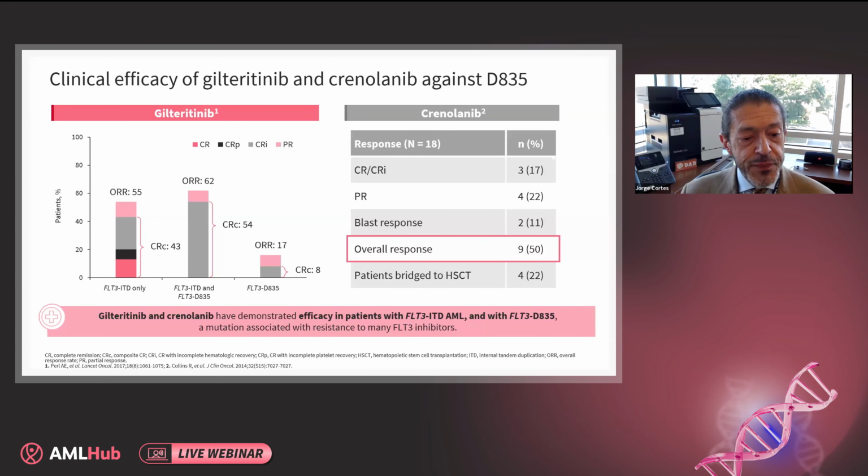When DA35 is present in the presence also of ITD, then the response rate is much better, 62% overall response rate with gilteritinib. So the context where you find the DA35 really matters for the response.